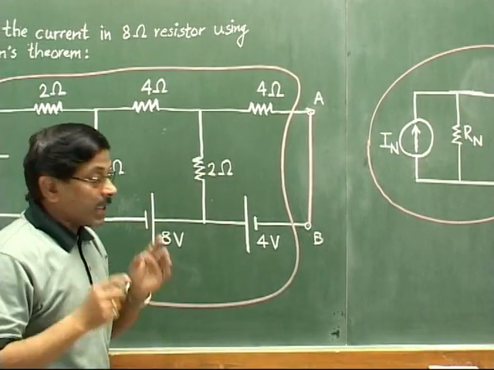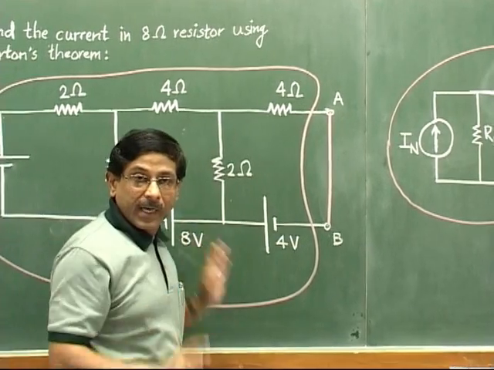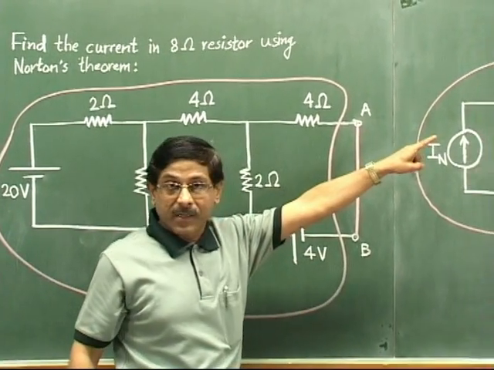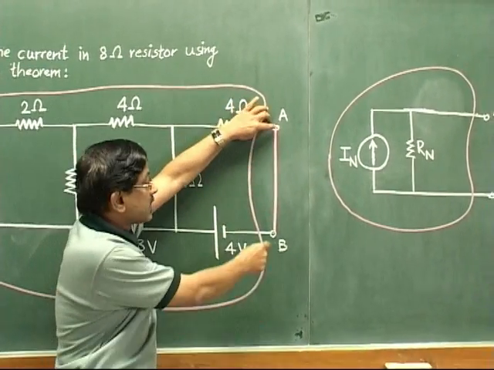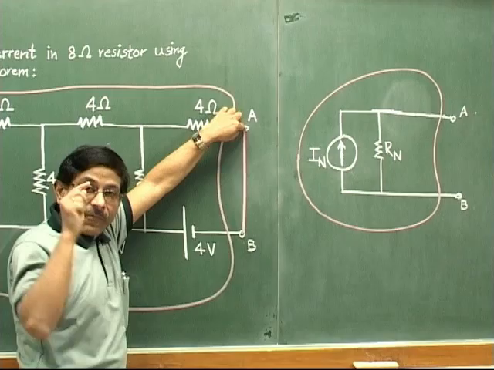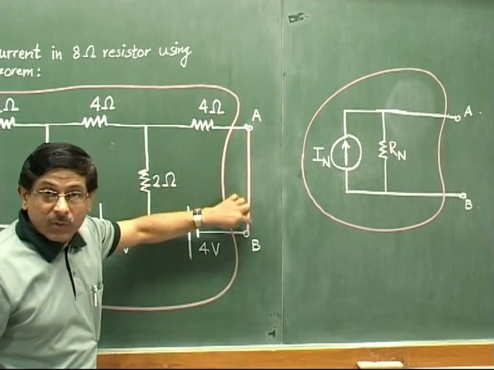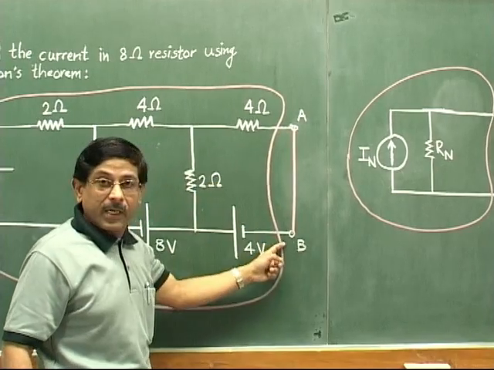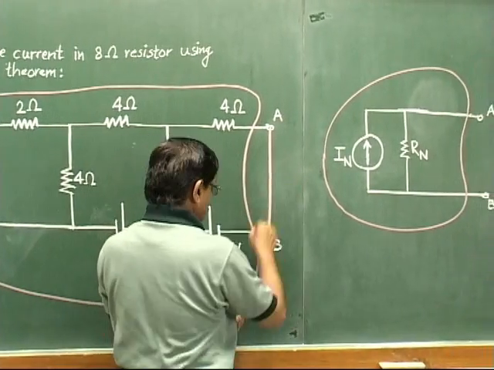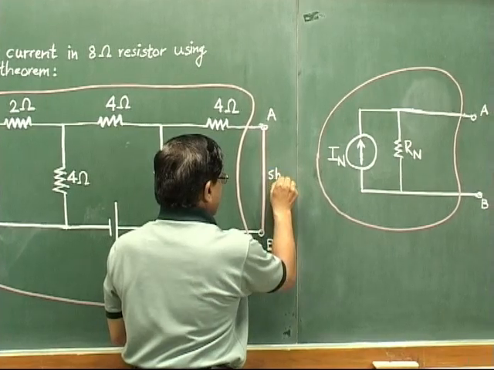After removing the load resistor, we get a two-port network, meaning these two open terminals. If temporarily we short these two terminals straight, A to B, a short circuit, so this is a shorted link like this.